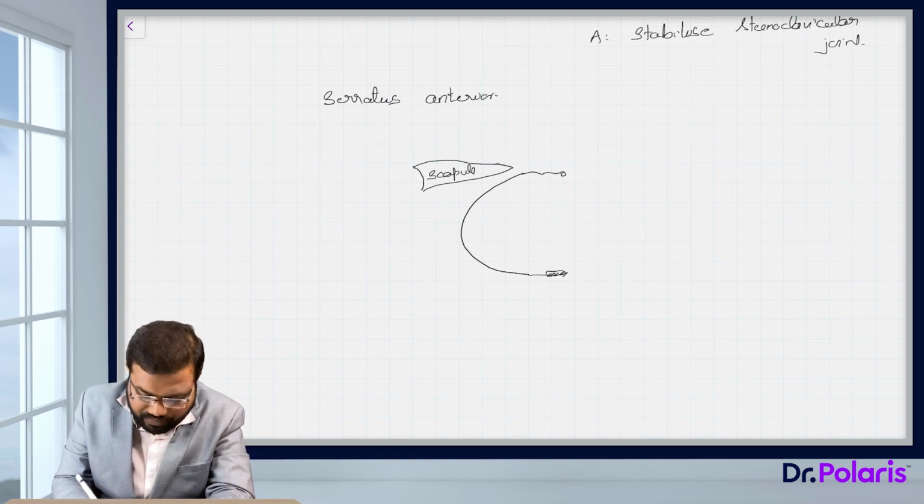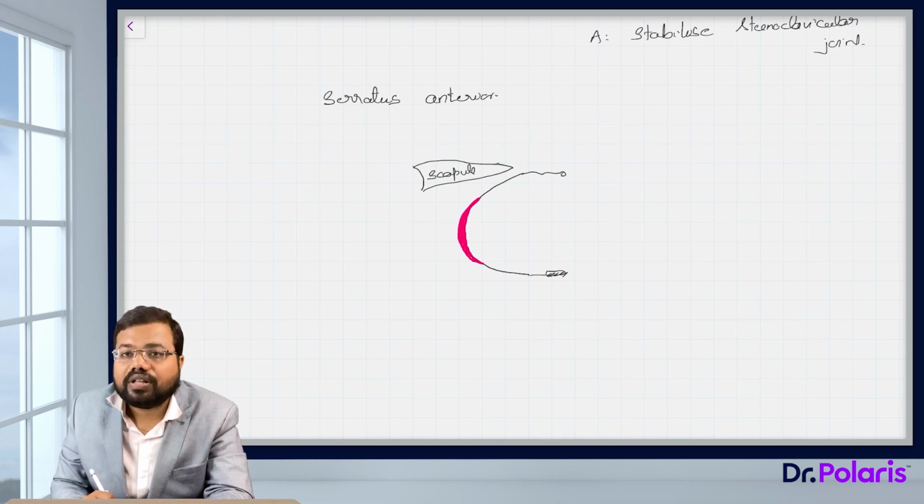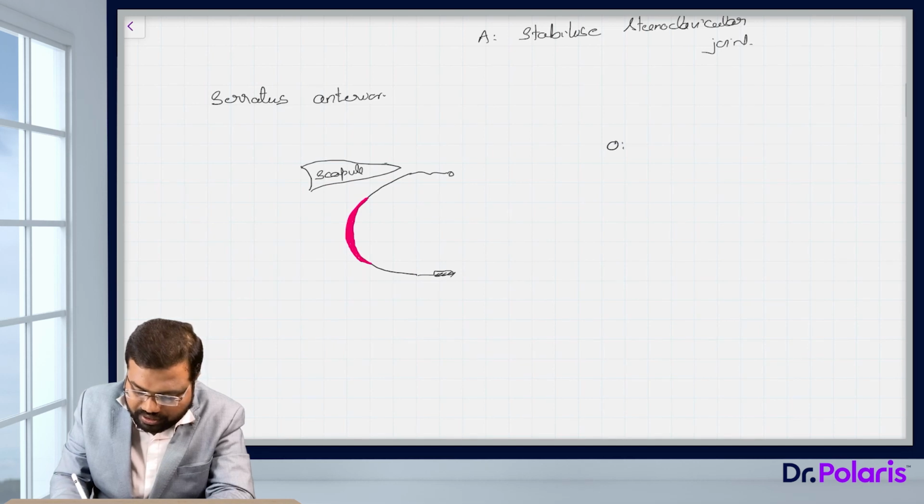The origin of serratus anterior is from the lateral surface of ribs 1 to 8. From ribs 1 to 8 there is an origin on the lateral surface.